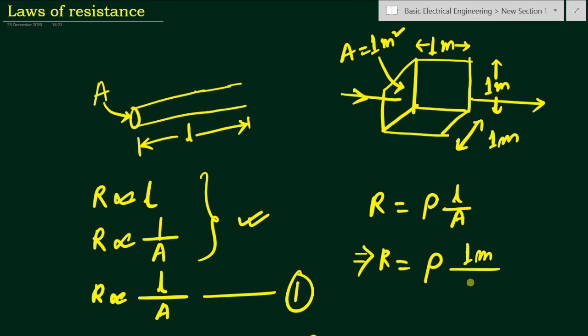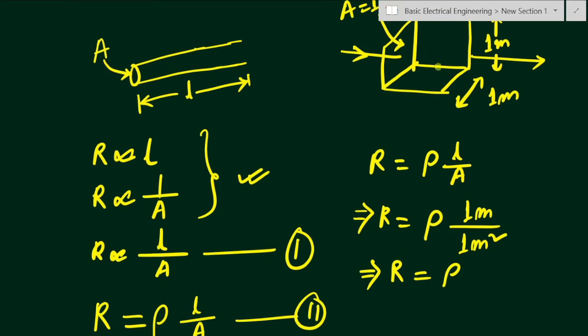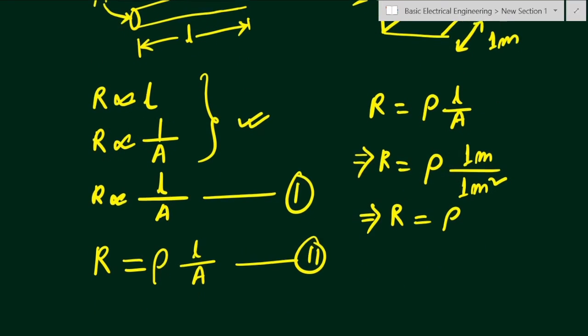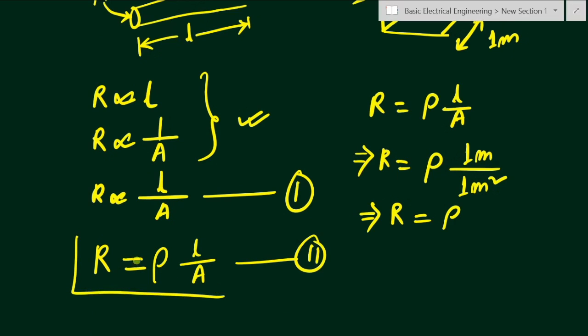So R is equal to rho. For this unit dimensional cube, the resistance is equal to this constant. This constant is named the specific resistance or resistivity. So this is the formula for resistance.